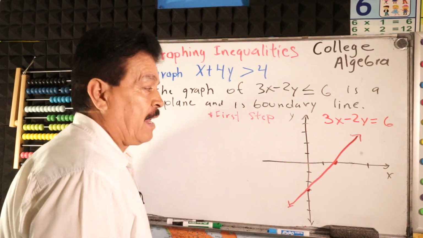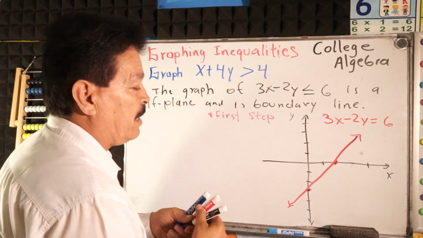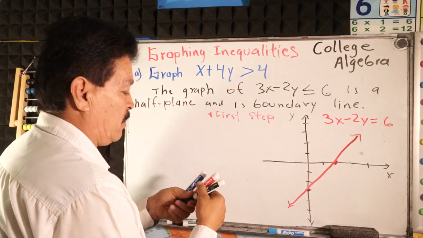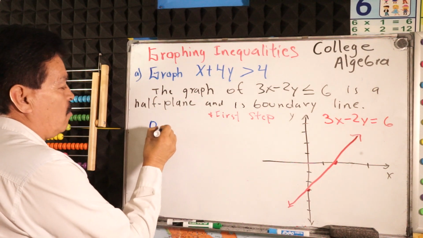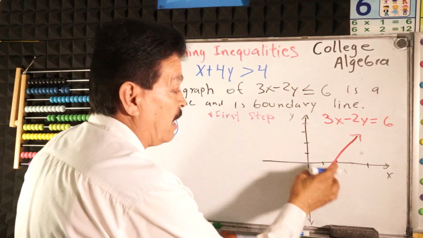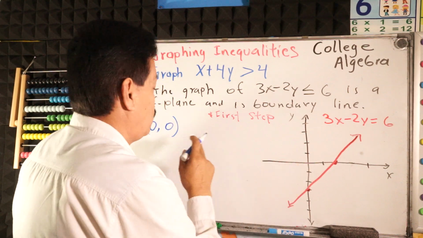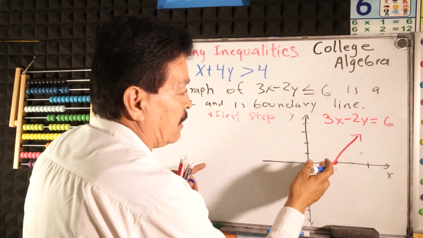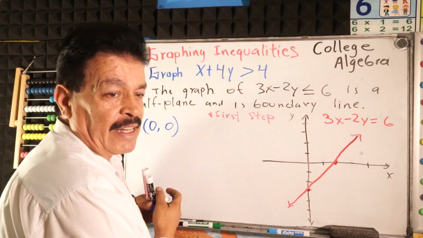It is very useful to use 0, 0. It's a kind of test: we select any point not on the line to see if the statement is true or not when you substitute into the inequality.